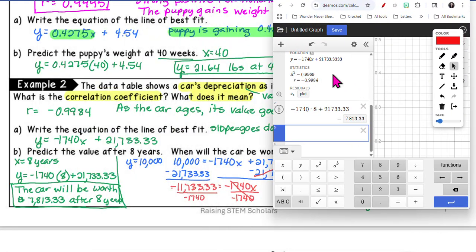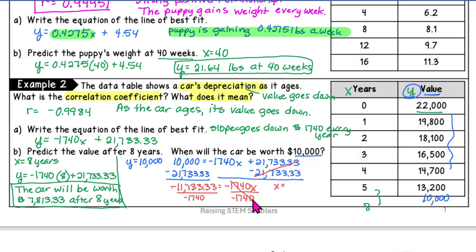Let's drop that number into our calculator. Okay, so we got negative 11,733.33 divided by negative 1740, and it gives me 6.74. We could even round that to tenths of a year because 0.74 is a little, so we can put 6.7.